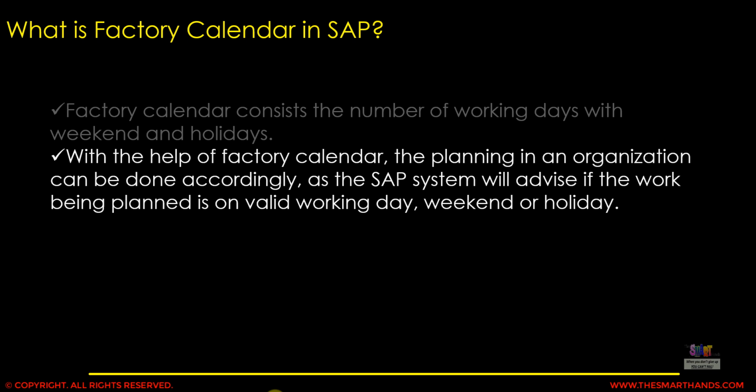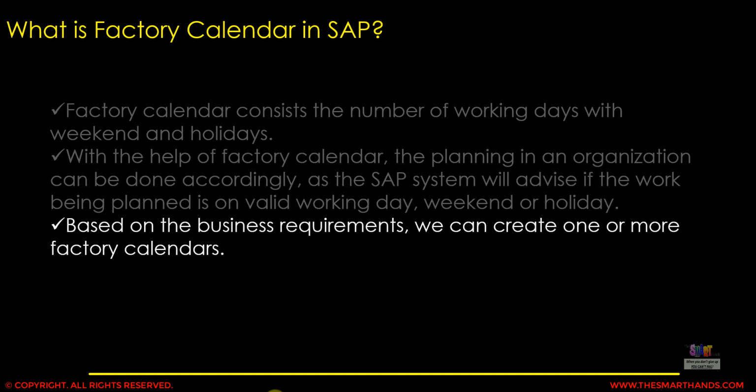For example, some companies can be running 6 days a week. Some companies can be running 5 days a week. So how does the system know what the holidays are, when I need to plan and when I need not to plan? This is controlled by the factory calendar.